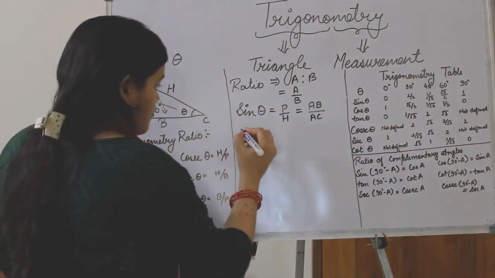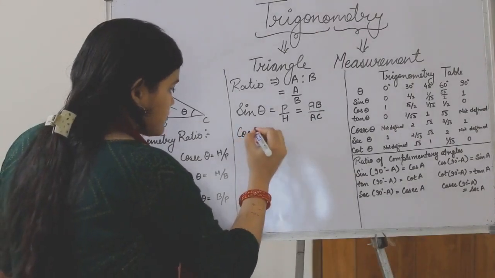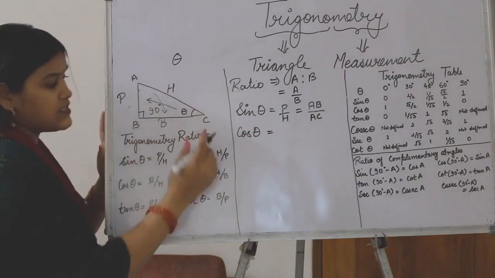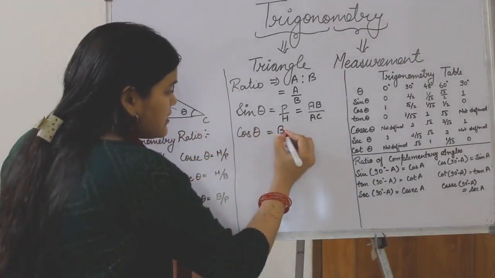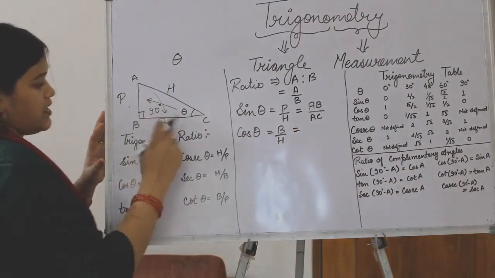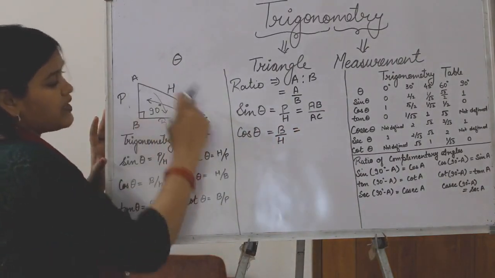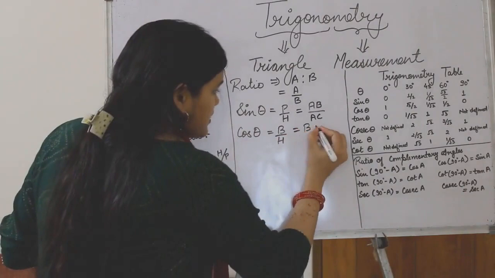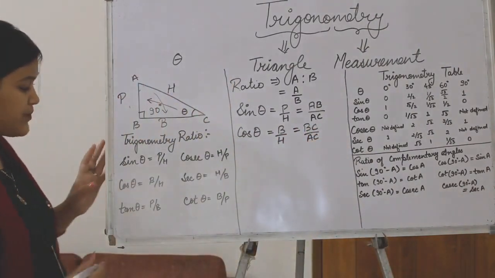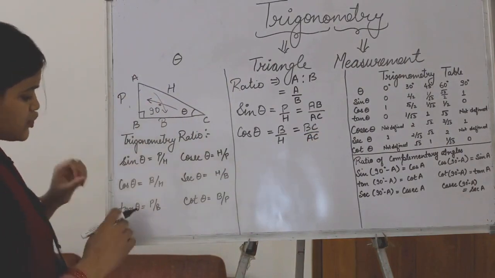Similarly, for cos theta, it will be base upon hypotenuse. The formula is base upon hypotenuse. So the value is BC upon AC.